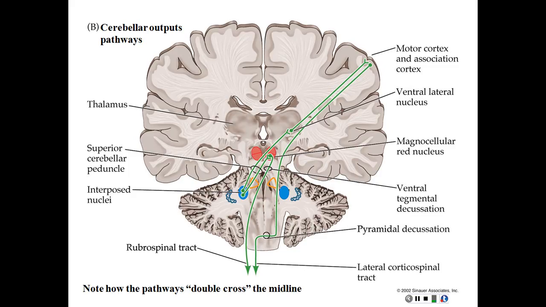And if we look at it, that means there would be something wrong with our projection to the thalamus, the cortex. We cross the midline once, and then that information crosses the midline yet again. And so that lesion on the right side of the schematic would result in a right-sided appendicular ataxia.